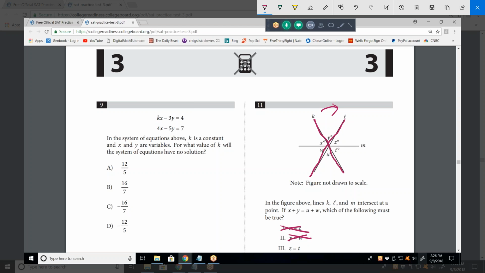Yeah. And yet Y would still be equal to U, X plus Y would still be equal to X plus U, and so forth and so on. So Z doesn't have to be equal to T. So I don't think any of them are necessarily true. And that's what it says. Which of the following has to be true?